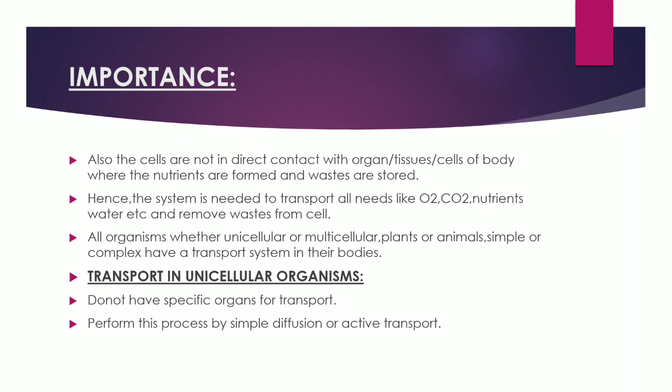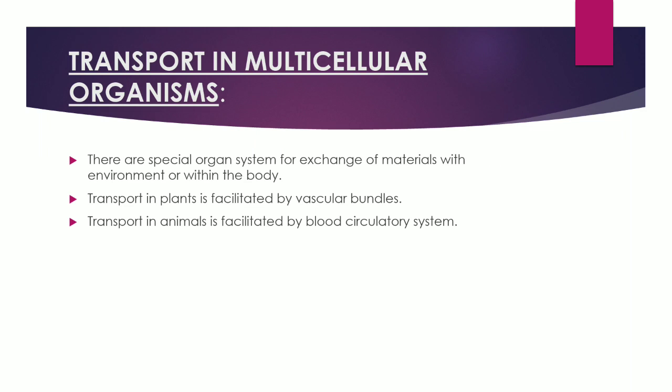In unicellular organisms, we know that they are the simplest organisms, so they don't have a specific organ system for transport; they perform this process by simple diffusion and active transport. While in multicellular organisms there are special organ systems for the exchange of materials with the environment or within the body.